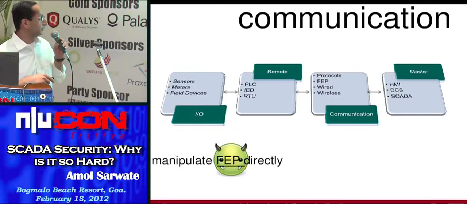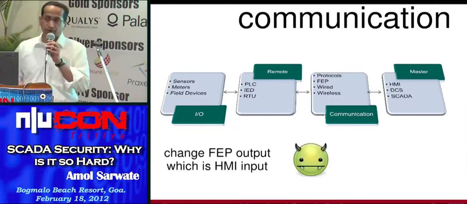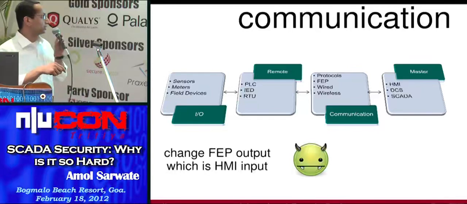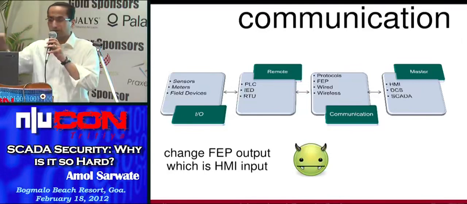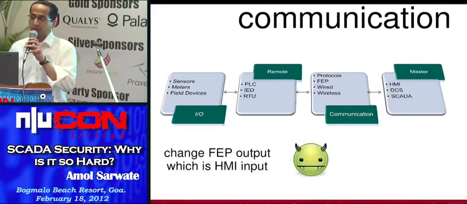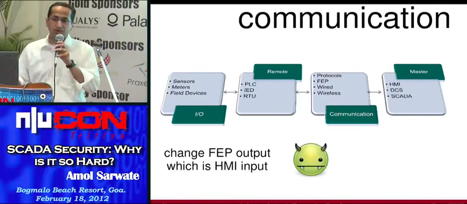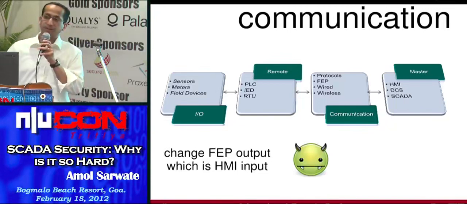So here is a FEP, you can directly manipulate it, and the output of the FEP is the input to the HMI. So if this is telling you that the pressure of water is so and so, you can directly manipulate it so that in the HMI, in the operator's console, you see a totally different pressure, and then the operator says, oh, the pressure is very low, let me increase the pressure.